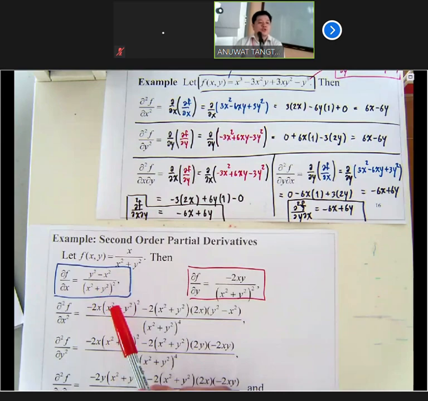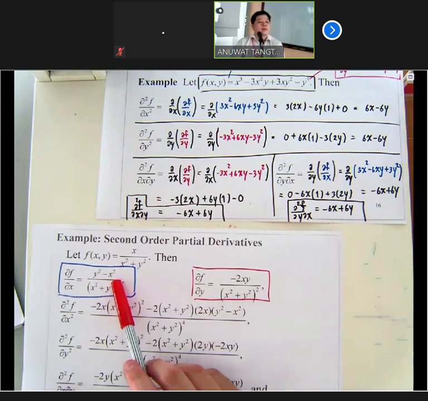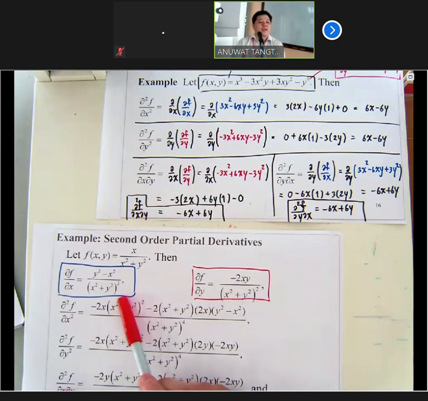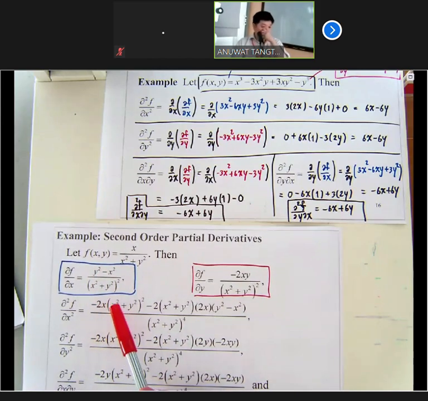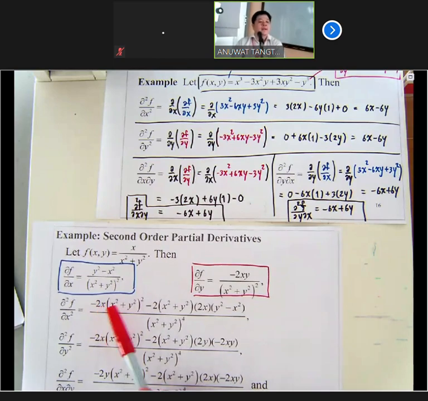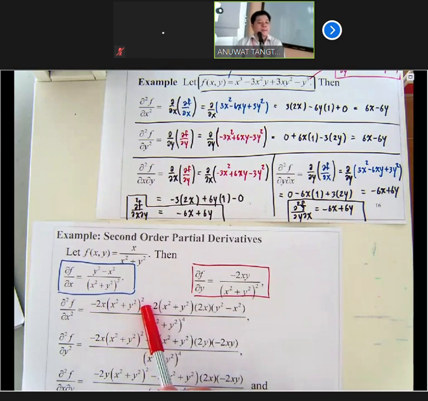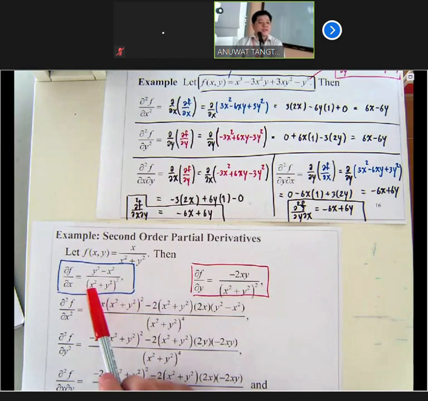Therefore, we use the quotient rule for that. And it becomes v du. When we differentiate the numerator with respect to x, it becomes 0 minus 2x, and that is why minus 2x comes out here. V du, right? And then minus what? Minus u dv, so minus this one. It comes out to be this u.